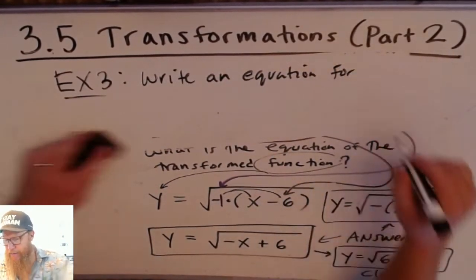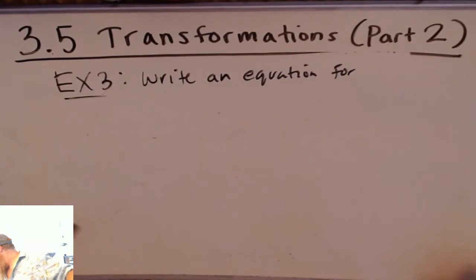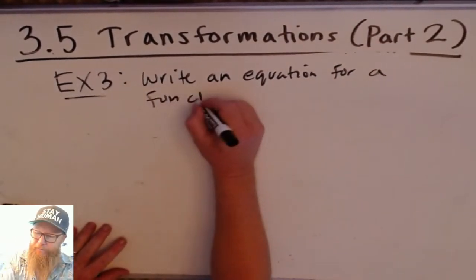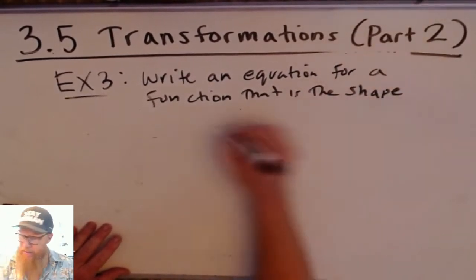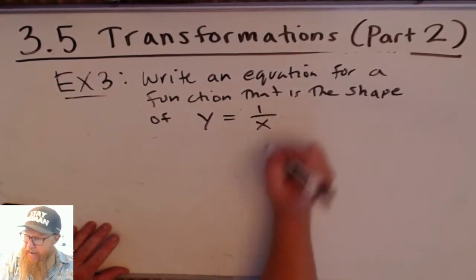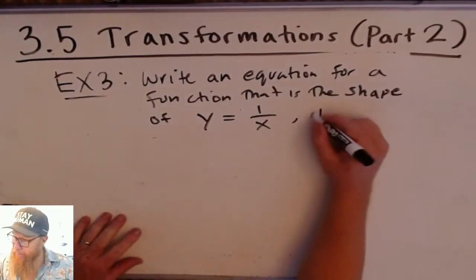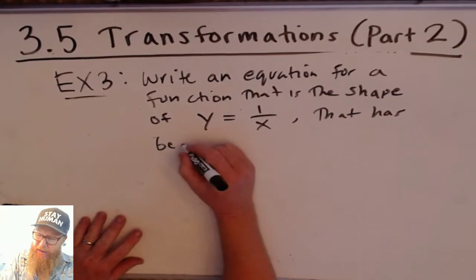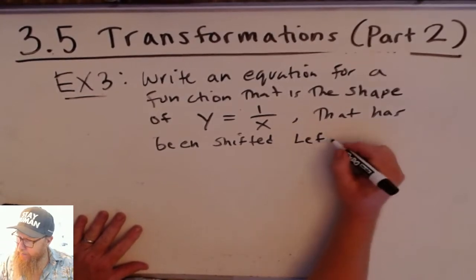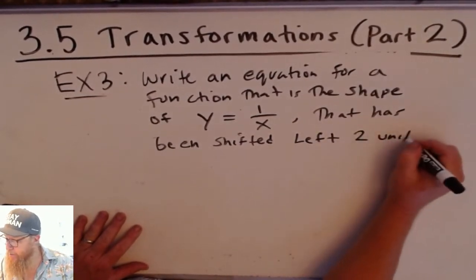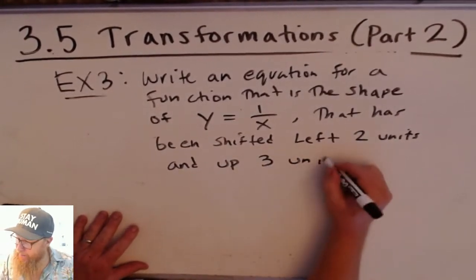Write an equation for a function that is the shape of y equals 1 over x that has been shifted left 2 units and up 3 units.